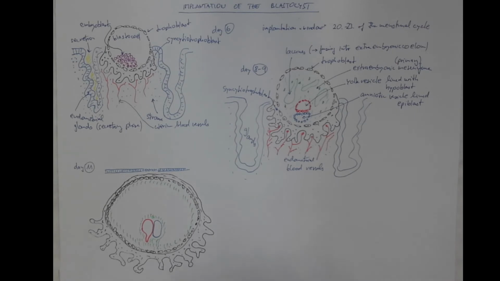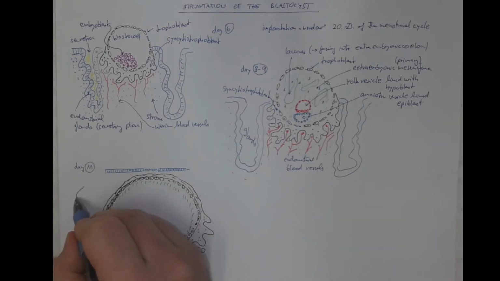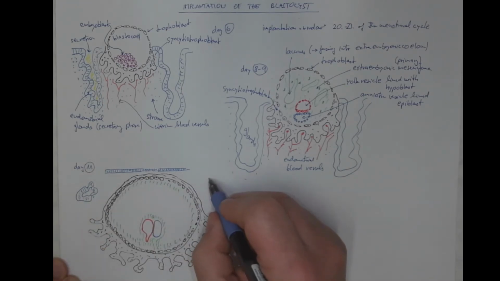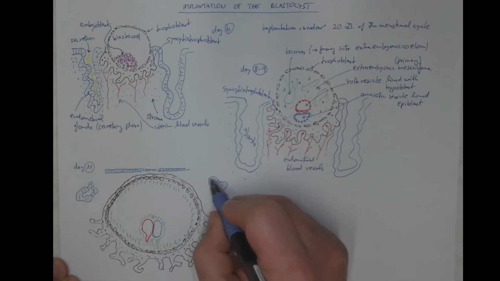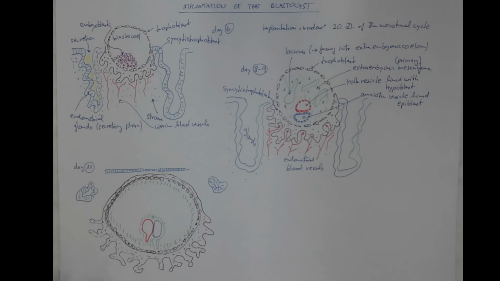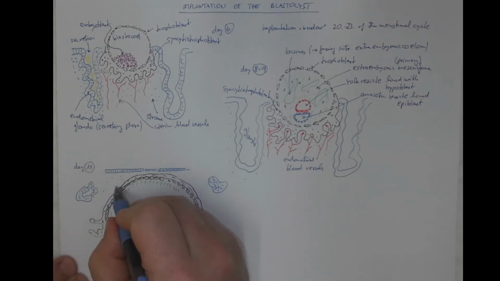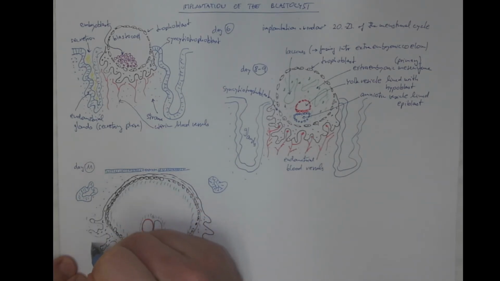So here's the extraembryonic mesenchyma. We got also the surrounding glands of the uterus, of the endometrium here, with their simple columnar epithelium. We got the connective tissue stroma of the endometrial mucosa.